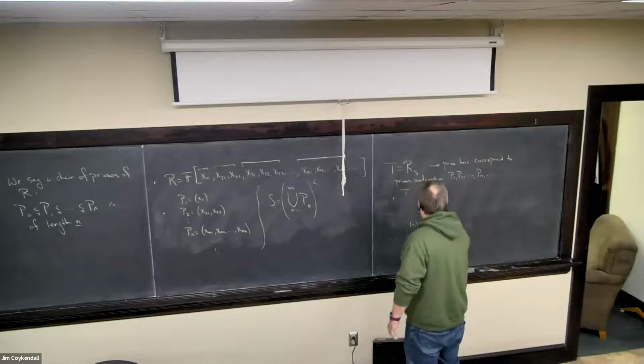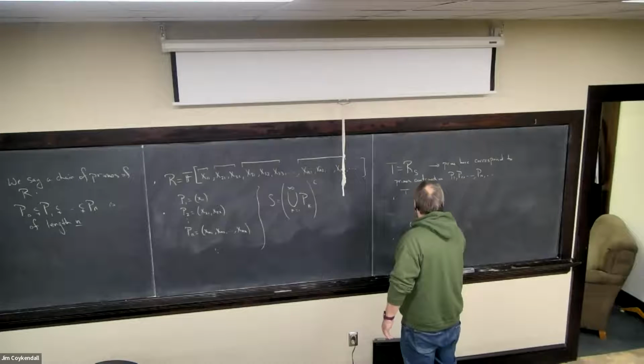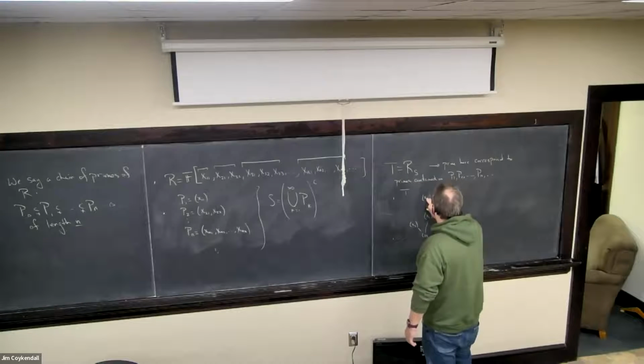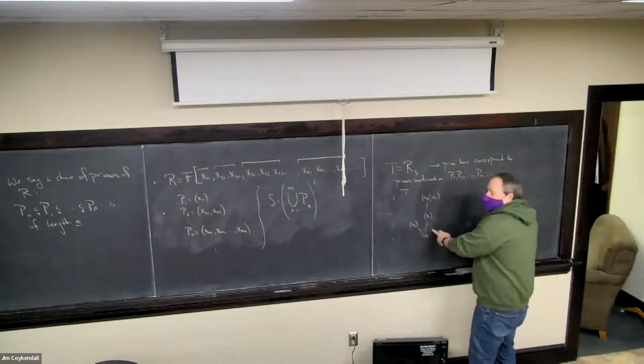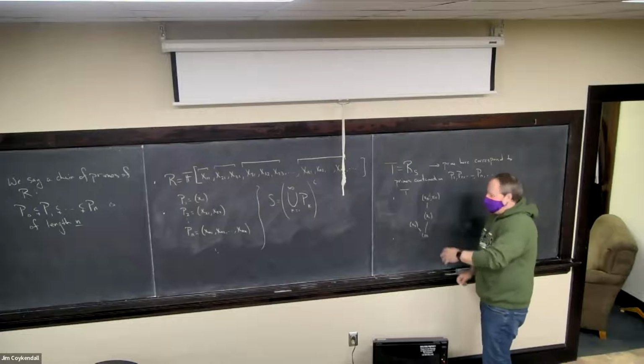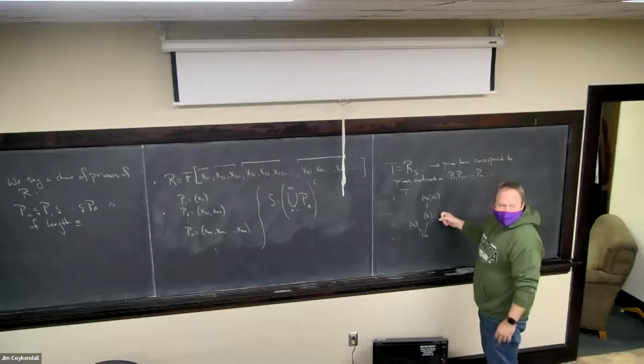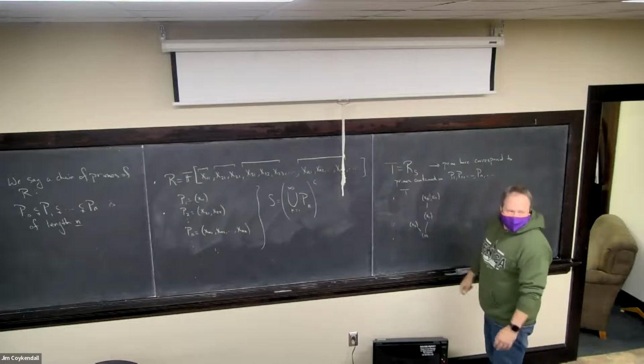Actually, there's more primes because you can also go to an intermediate x22 and up here, and it's much worse.